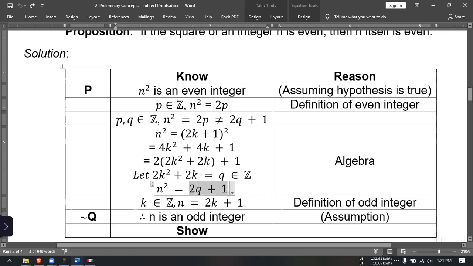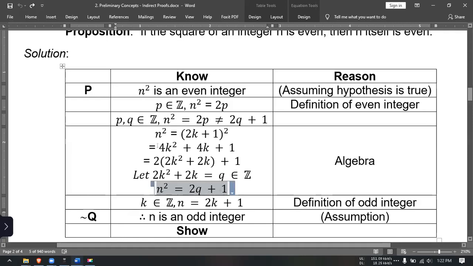Which is not, no? From the backward solution, we're trying to prove that n squared is even. But what we found from our backward solution is that n squared is odd, right? 2q plus 1.